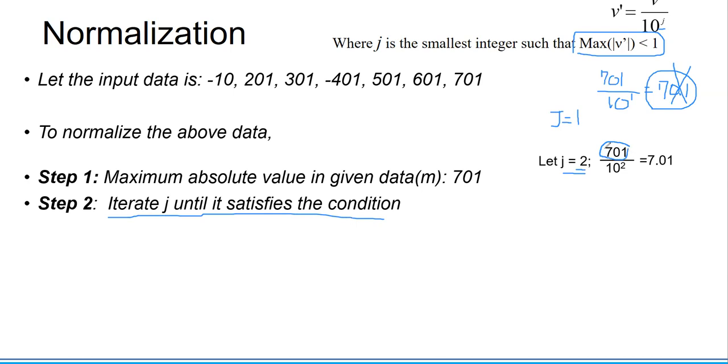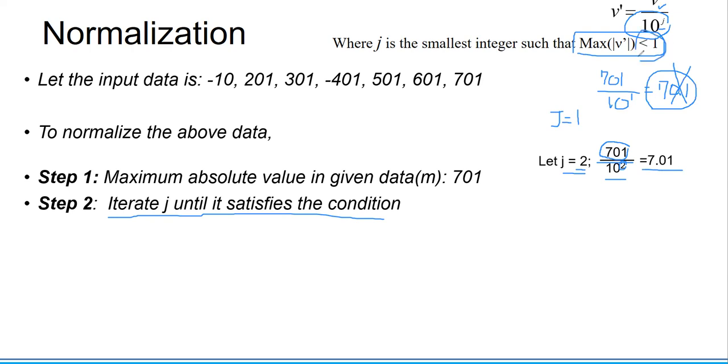The v prime is 701, which is the v, divided by 10 to the power of j. j is 2, so 701 divided by 100 becomes 7.01.